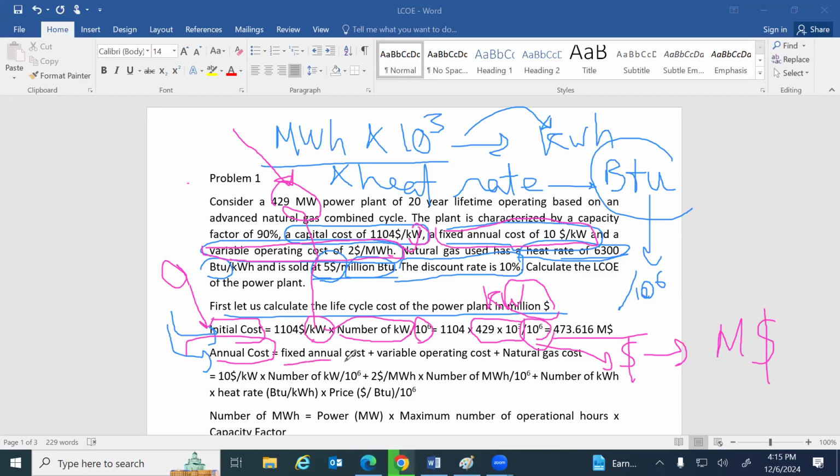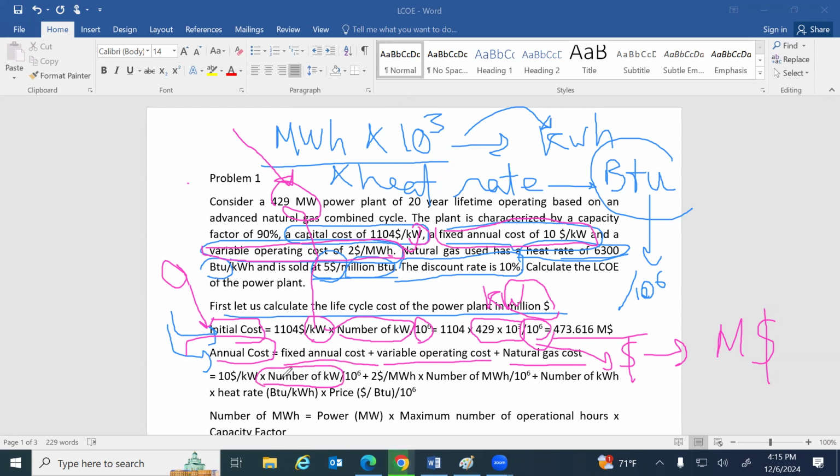Now, as we said, the annual cost is divided according to the given into 3 parts. You have the fixed annual cost, you have the variable annual operating cost per year, and you have the natural gas cost. And we just have to pay attention for units because units can vary depending on the given. So they told us that for the fixed annual cost, the value is given in dollars per kilowatt. So we just have to multiply by the number of kilowatt.